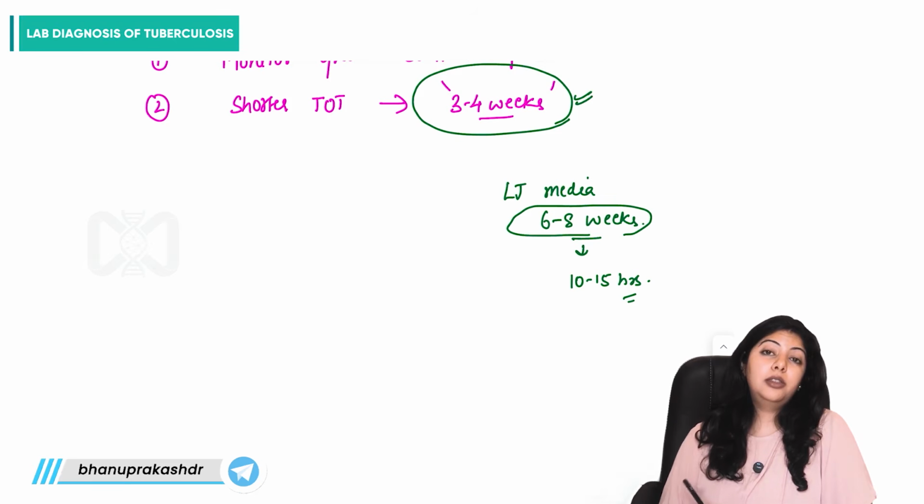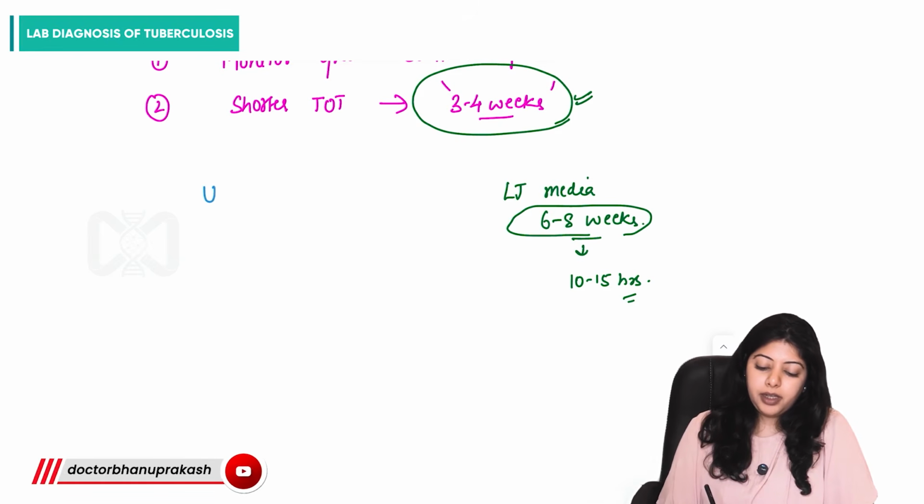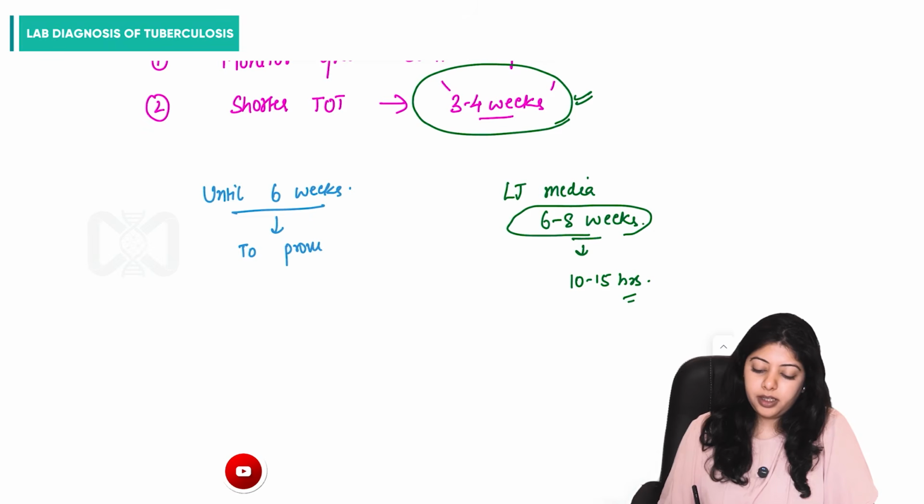So we get the results within 3 to 4 weeks, and if we need to give a negative report, we have to wait until 6 weeks to provide negative test results.